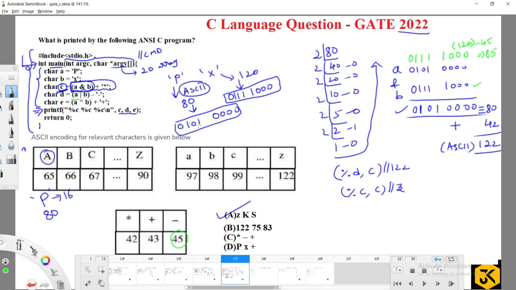If they print percentage d comma d, you will get 75 only, but they are asking percentage c comma d, so it again converts into alphabet format. What is the character referring to the ASCII value? P is 80. Wait a minute, 120 minus 45 should be 75.